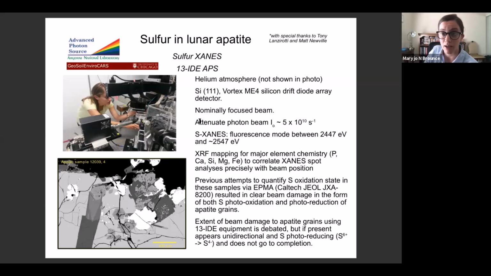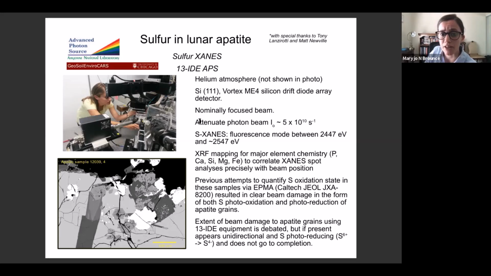And even though I expect these glasses to have very low volatile concentrations, because ultimately the rocks are erupted to the vacuum of space, we're just sensitive to the problem. So we attenuate the beam because we can still get decent signal to noise at 10 to the 10 photons per second. The spectra today, I'll show you sulfur XANES in fluorescent mode between a little bit over 2400 eV to a little bit over 2500 eV.